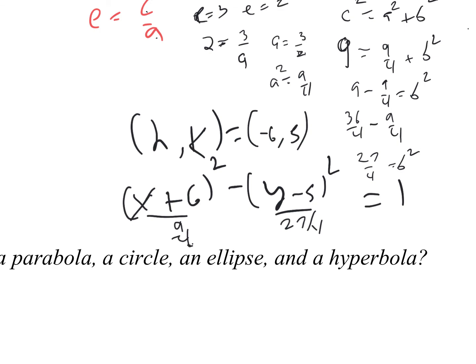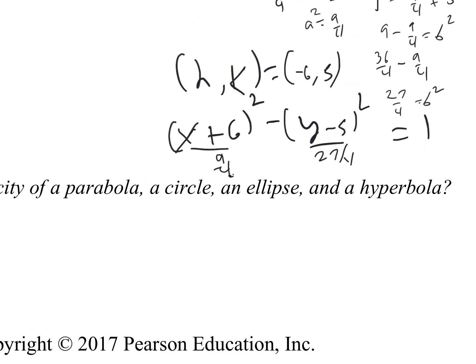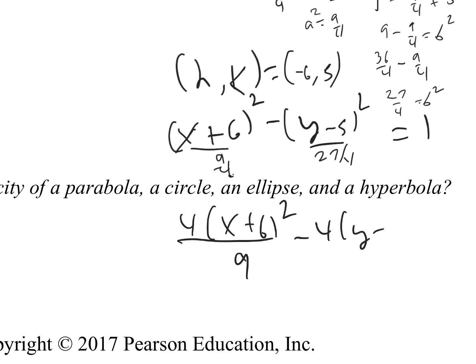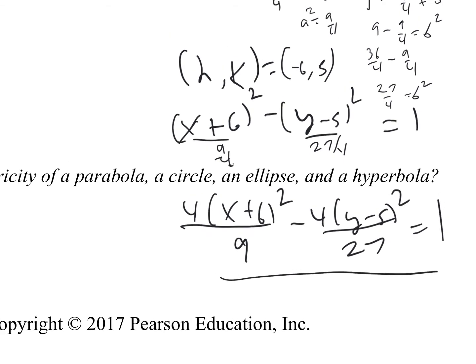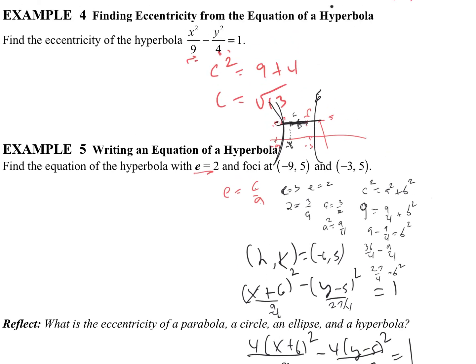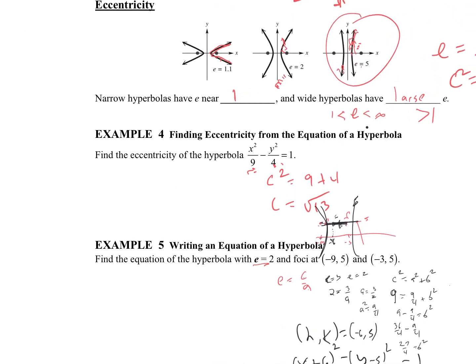Could we write that differently? You could actually flip this, put the 4 on top over 9, minus the 4 on top over 27. Okay, I'll take that answer.